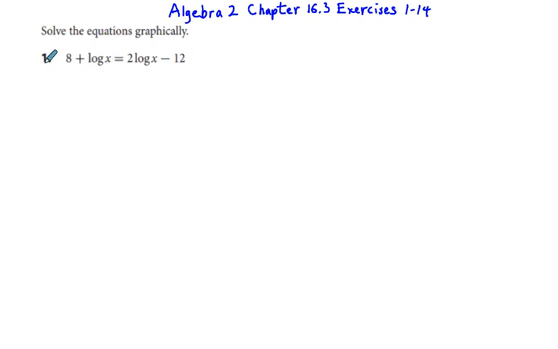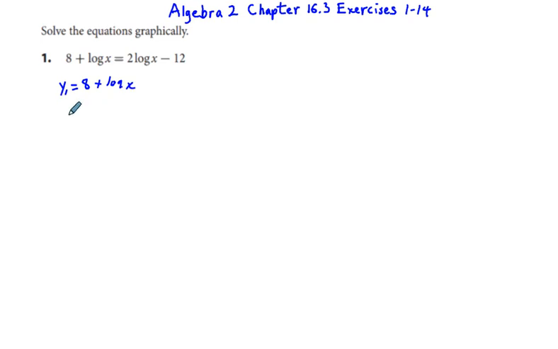So the strategy here is to take each side of this equation and enter each side in your calculator as a function. So the left side we enter as y1 equals 8 plus log x.